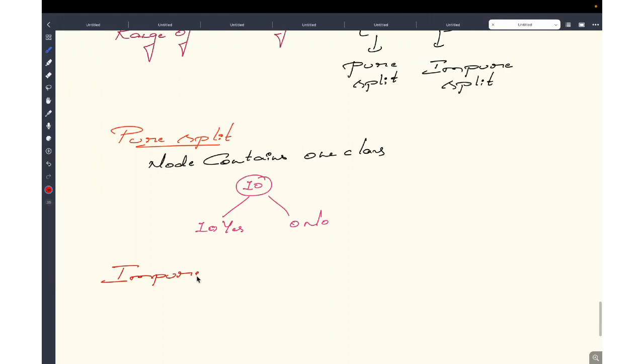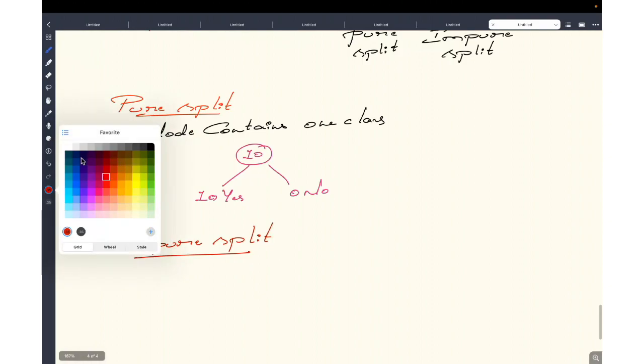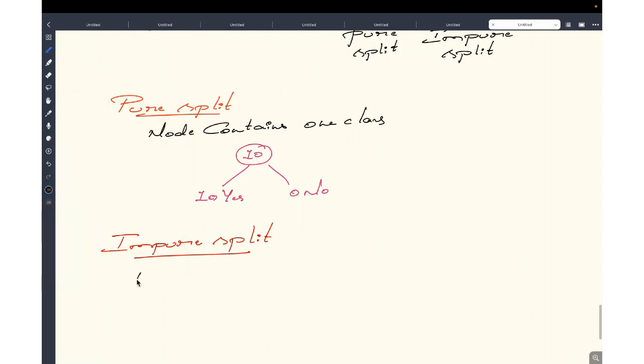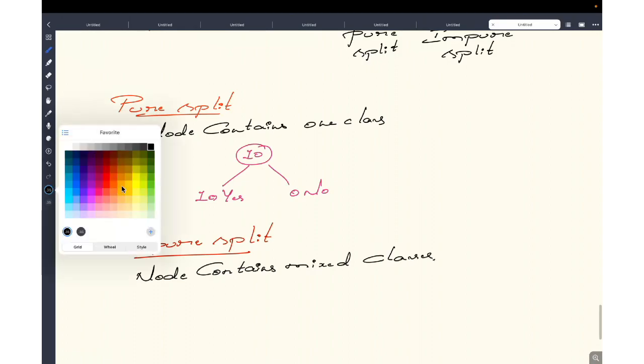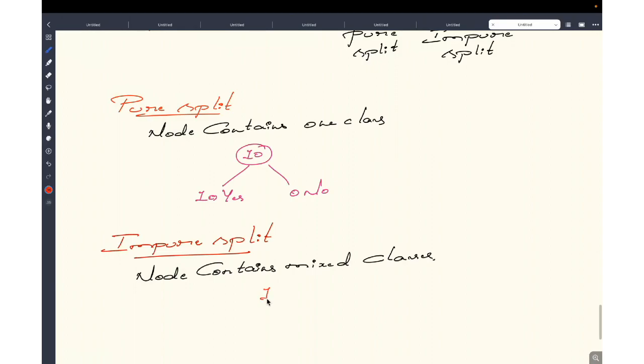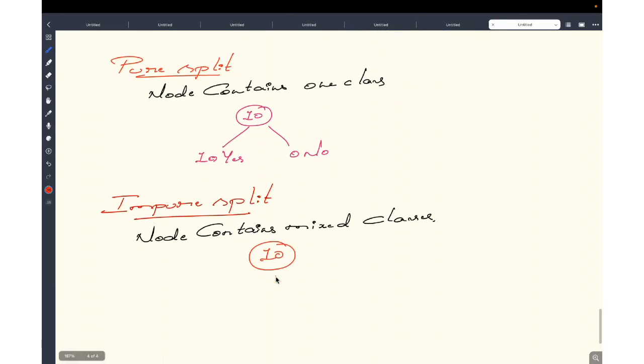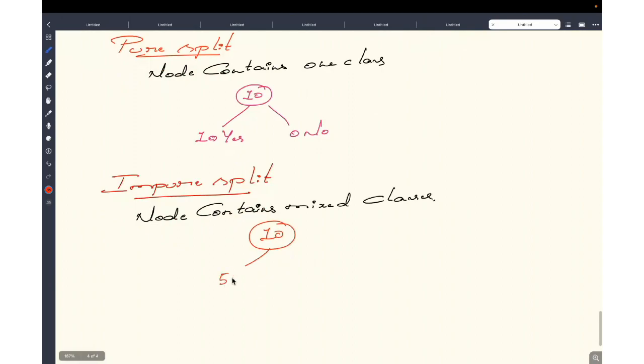So it will not have only one class, rather it will have a mixed one. So I would say the node contains mixed classes. Mixed classes in the sense, among 10 people, if 5 say yes, 5 say no, we call it impure.